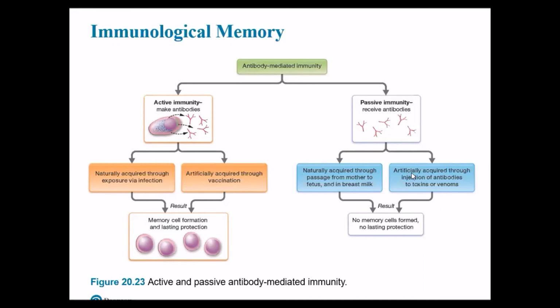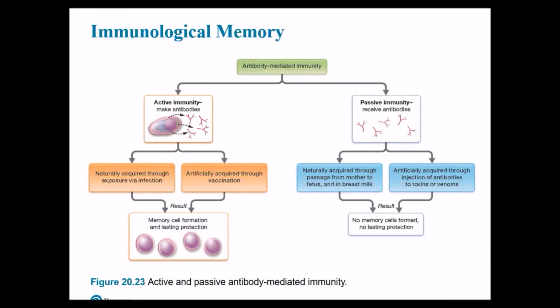You can actually also receive injections of antibodies, and so you can artificially transfer an antibody from person to person. You see that sometimes with antivenoms. And so, if you're stung, you have some type of anaphylactic shock, or if you're bitten by a snake that has poisonous venom, then they use an antivenom, which is basically antibodies that would react to that venom and help to neutralize the venom in the person.